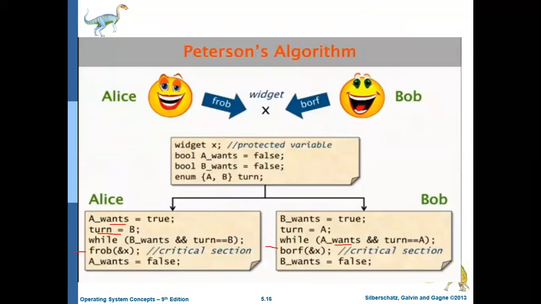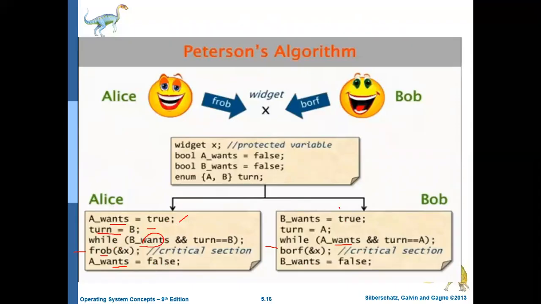Then B wants will be false, so obviously Alice will enter the critical section, and again Alice will set A wants as false and come out. Say immediately Alice wants to enter again, but Bob doesn't want to. Then Alice will set A wants equal to true and turn equal to B, but still B wants is false. So Alice can continuously access the critical section if Bob doesn't want to access it. Okay, are you getting it?